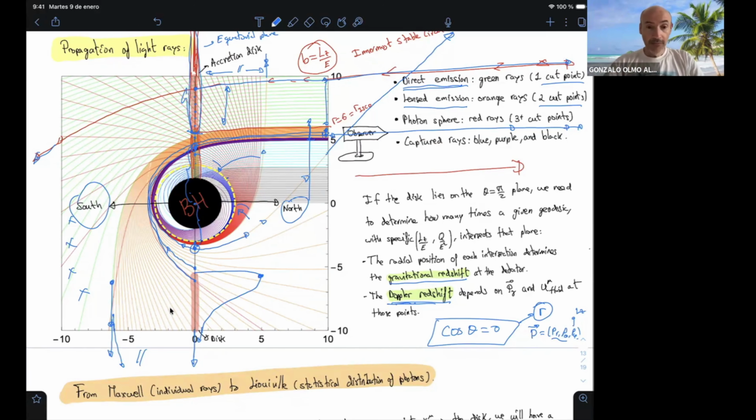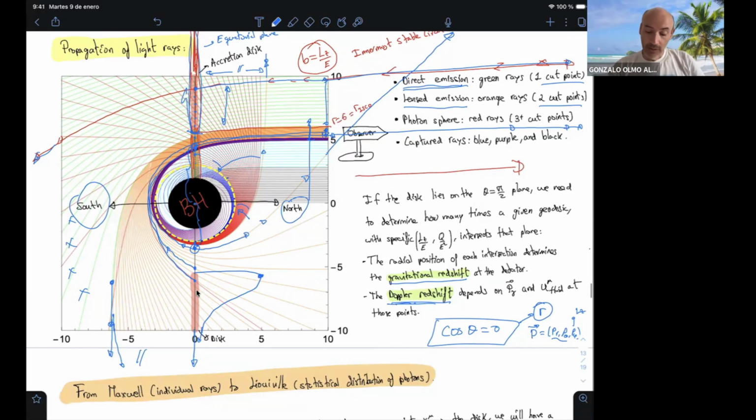But in order to transfer the intensity from the emission points to the detector, we need to understand how energy is transported in this space-time and with this electromagnetic theory, okay?